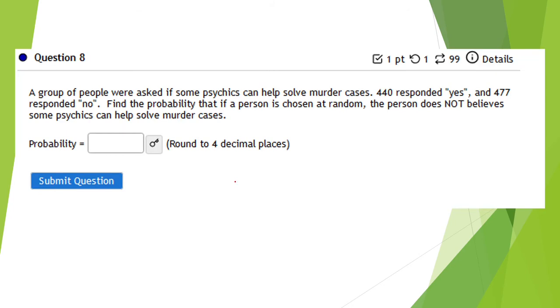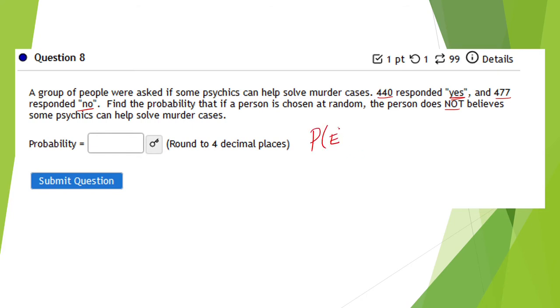Question 8. A group of people were asked if some psychics can help solve murder cases. 440 responded yes, and 477 responded no. Find the probability that if a person is chosen at random, the person does not believe some psychics can help solve murder cases. So again, we're going to use our formula.